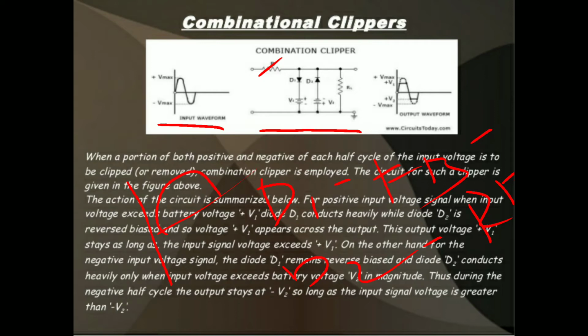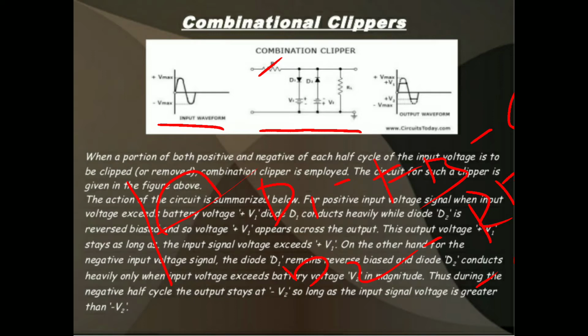So that diode acts as a closed switch, and diode D2 acts as an open switch. So the voltage is passed only through the diode D1, because it is connected in forward condition.